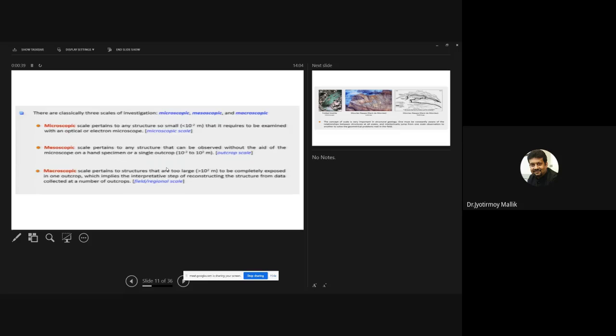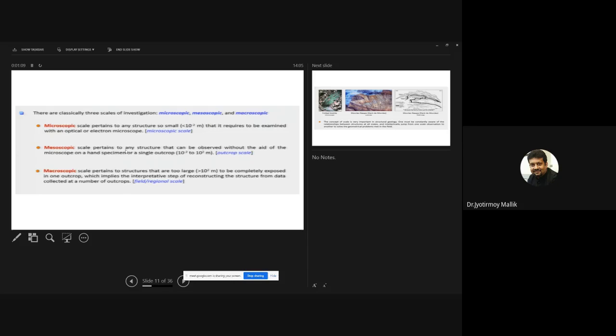Okay, so in case of scale, we will mostly investigate everything at three different scales: microscopic, mesoscopic, and macroscopic. The microscopic scale is where we make observations under a microscope, be it a normal optical microscope or a scanning electron microscope, and typically we are looking at structures which are less than 10 to the power minus 2 meter.